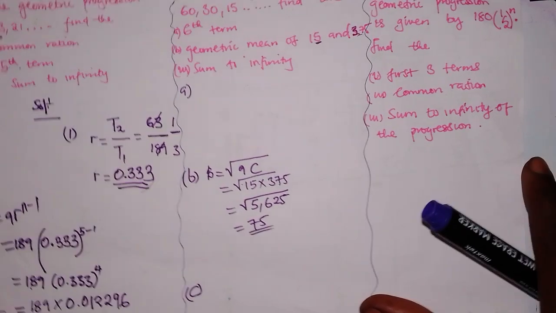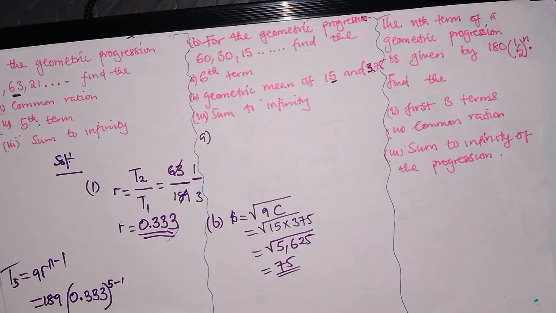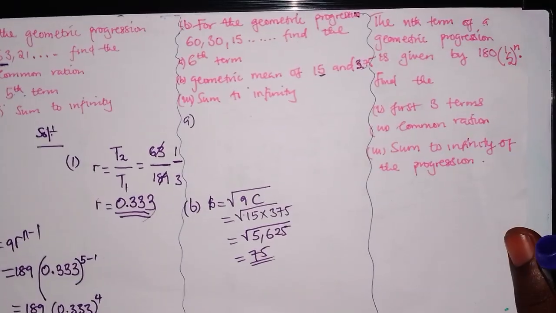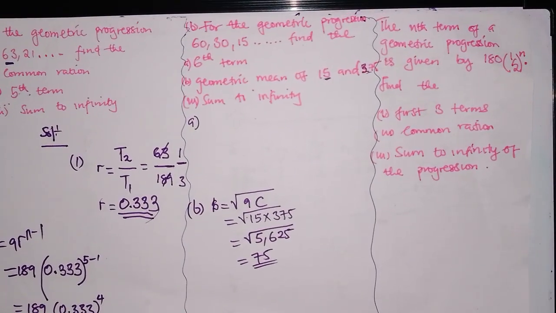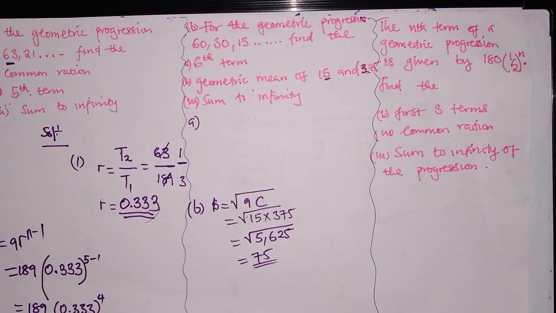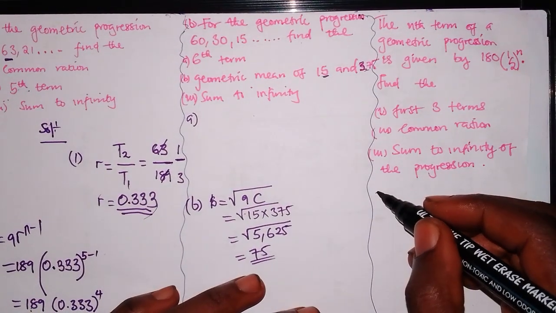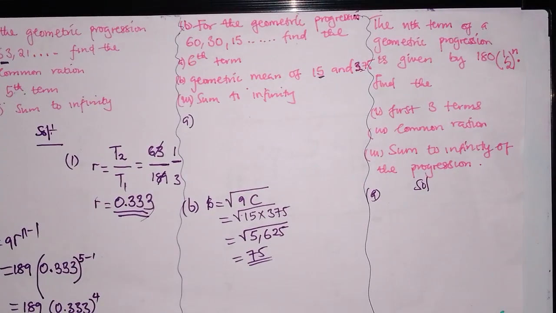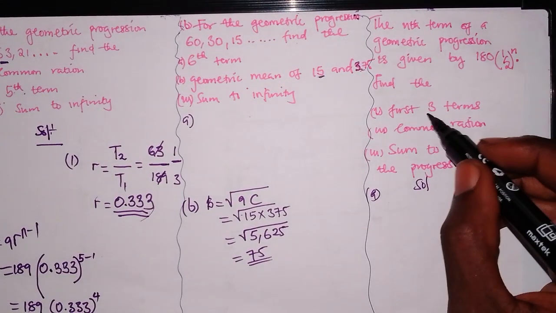Then the final question, which is a bit tricky, but it's the most simple one among all. Why do I say so? Because in this question, you have been given the formula which you are going to be using to solve. Part A is saying find the first 3 terms.